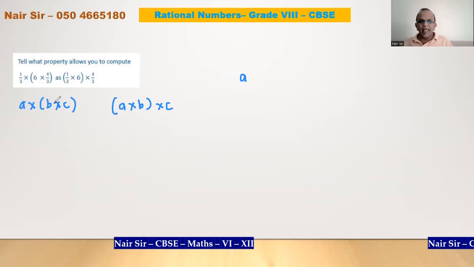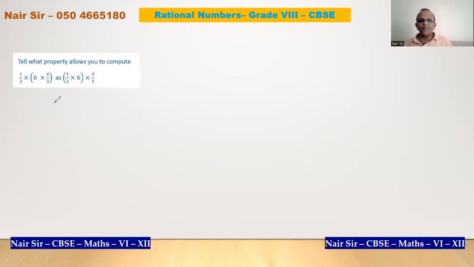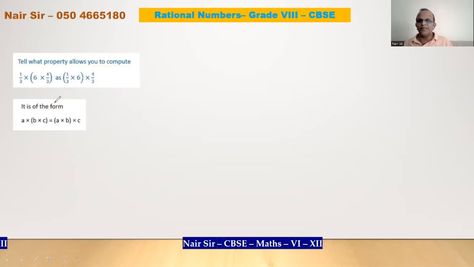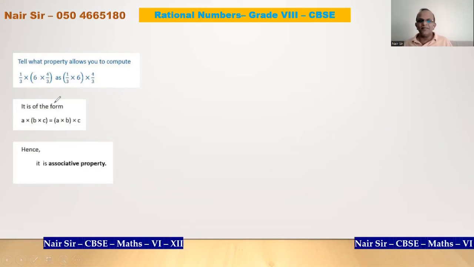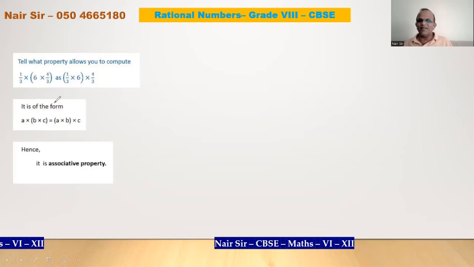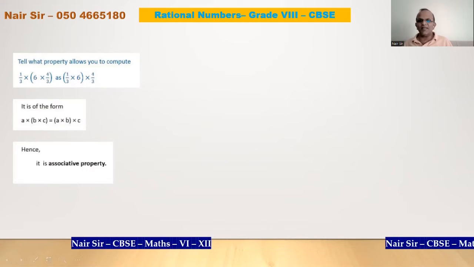If it would have been A plus B plus C and A plus B plus C, this would have been the associative property of addition. Now let us just see the solution. Now it becomes very easy. Clear? Let's go next.